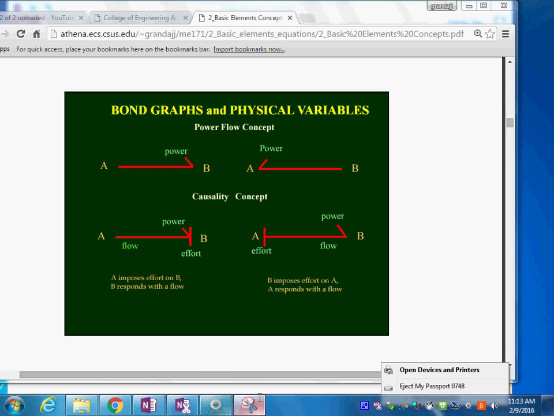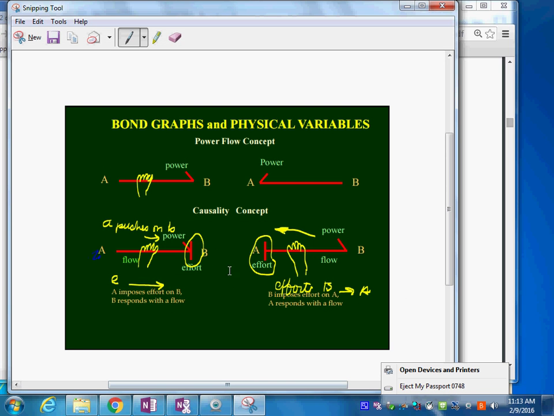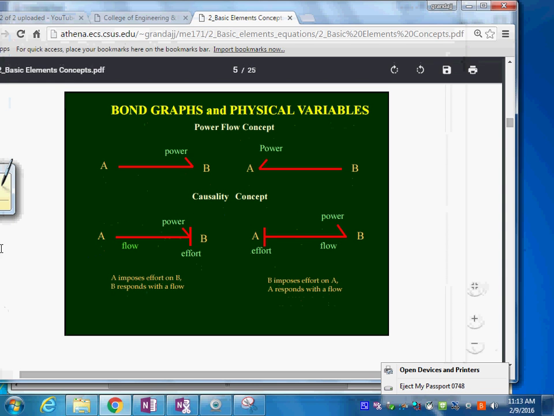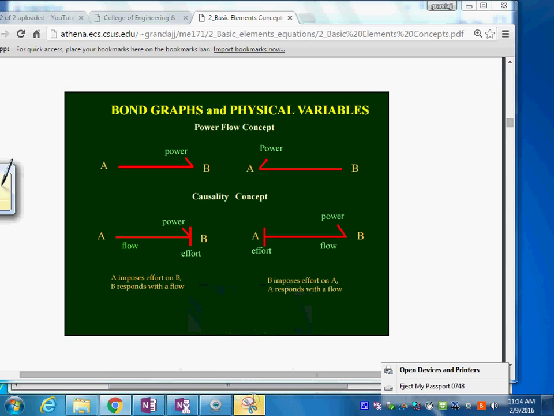In other words, what you see here, you can put the slash line. See here, let's just draw it here. The power goes from A to B, but when it comes down to applying the effort like this, when you read it like this, it's saying that the effort goes from B to A. Okay, because the crossbar is the indication of the effort.